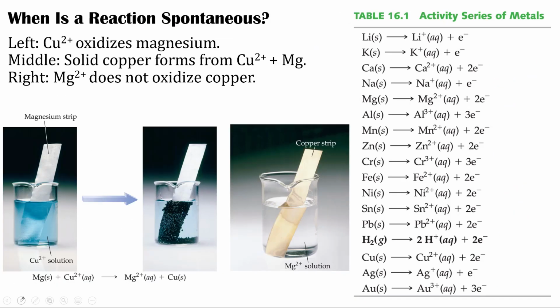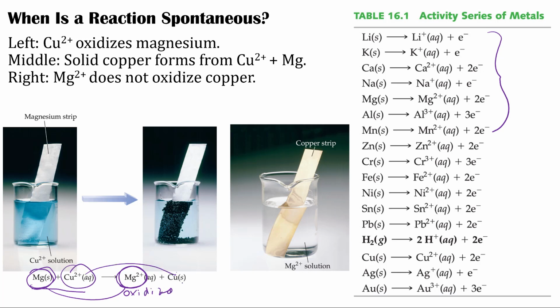So when is a reaction spontaneous? The reaction is spontaneous when you have the most reactive written as an oxidation reaction and the least reactive written as the reduction reaction. So if we have it written like this, where magnesium is going to magnesium 2+ and being oxidized, it has to be higher up on that activity series than the copper being reduced.